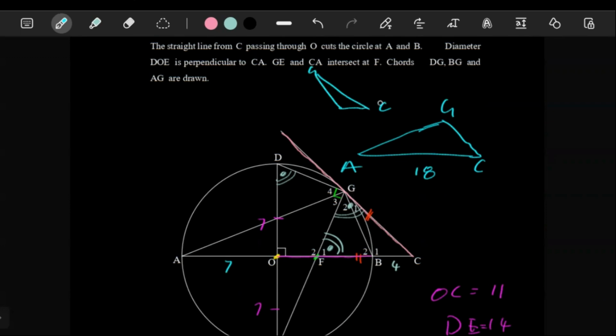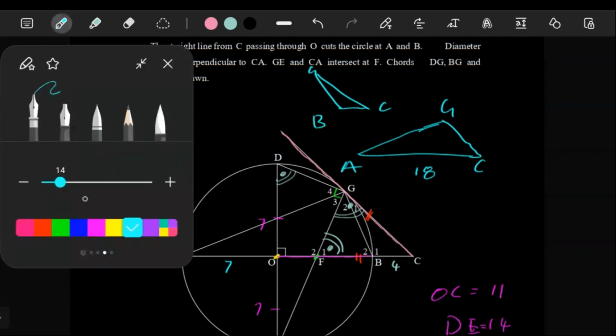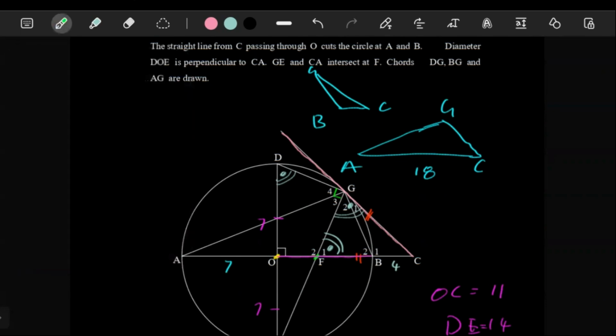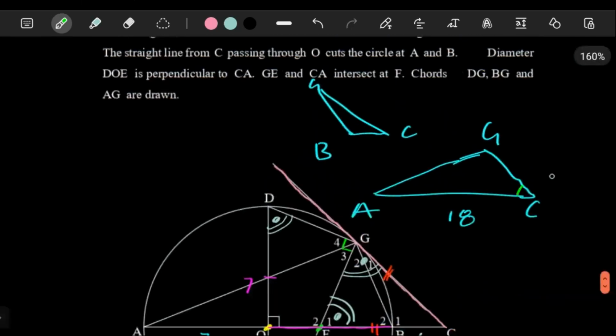Because this is Euclidean geometry, you may want to prove that these two triangles are similar first, and then do what you need to do to get the line GC. Fortunately, you have a common angle over here.